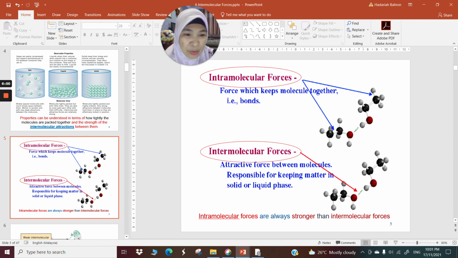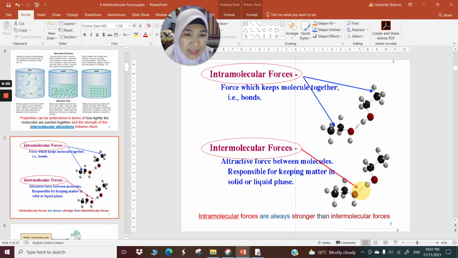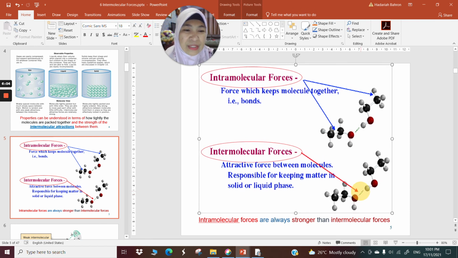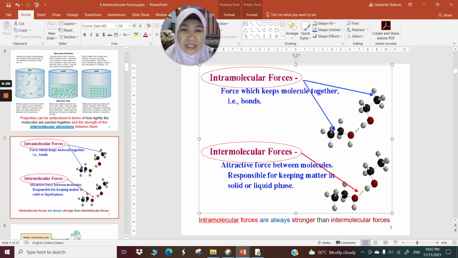These dotted lines are an example of intermolecular force. They are attractive forces between the molecules, and they are responsible for keeping matter in either the solid or the liquid phase.